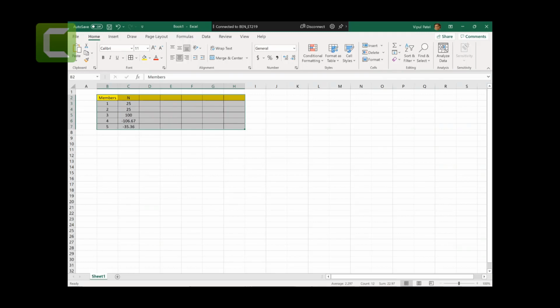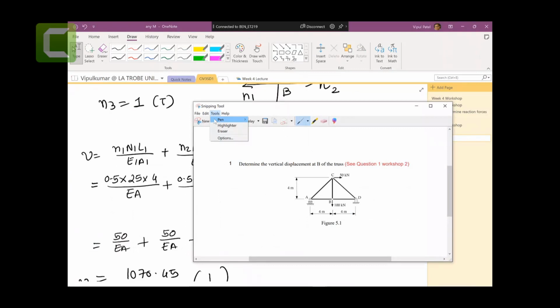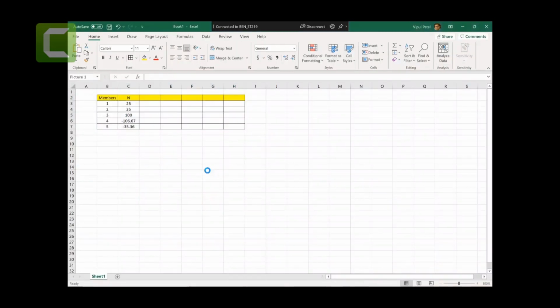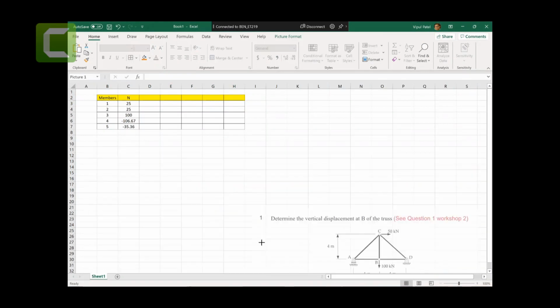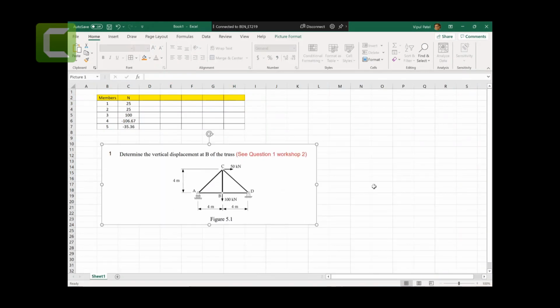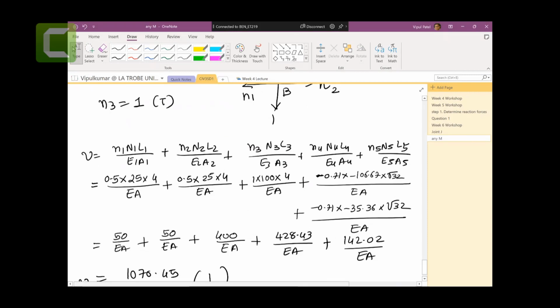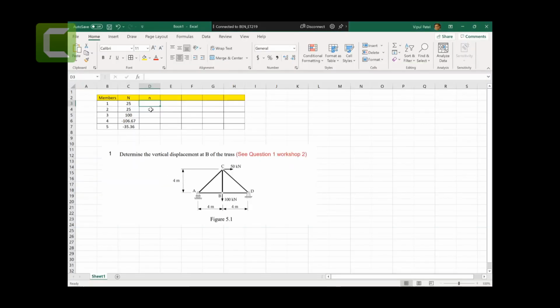Let me copy this and put this one here. So we have it in the system. Now we have small n, and the small n is, you read for me: 0.5, 0.5, 1, 0.71, and the same.